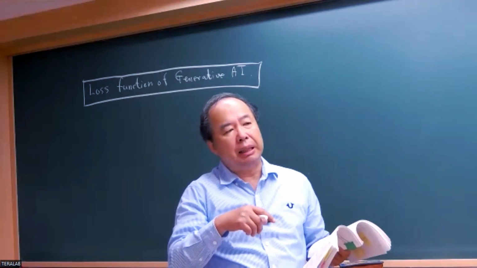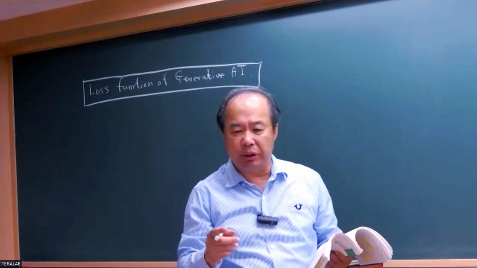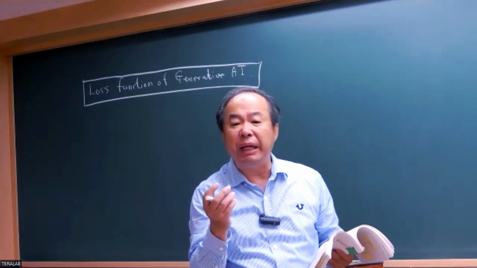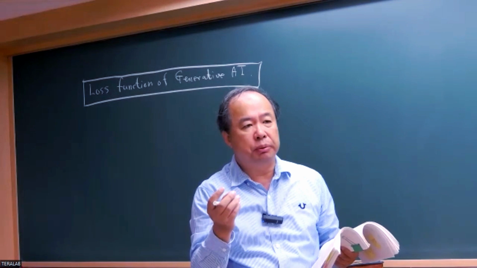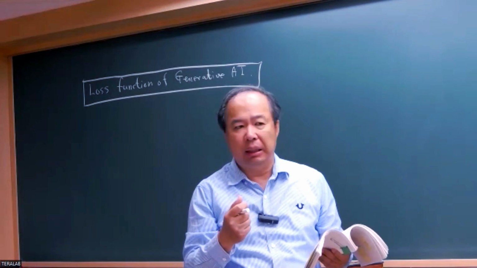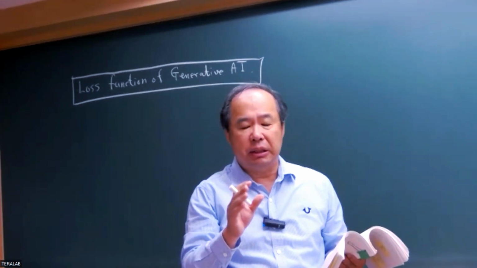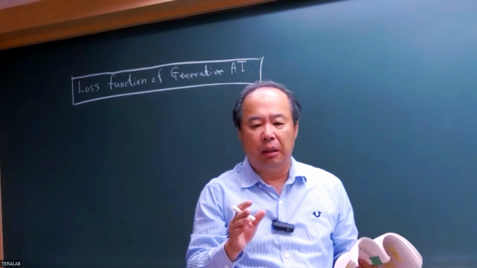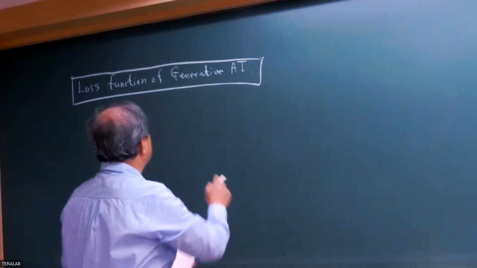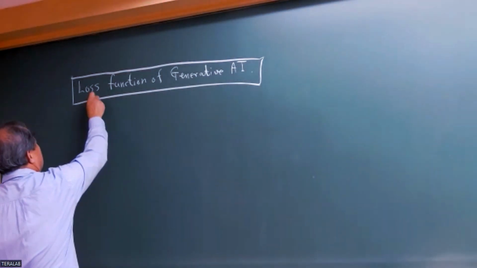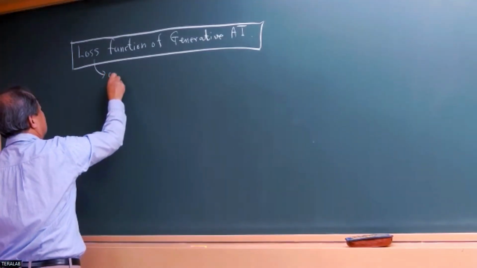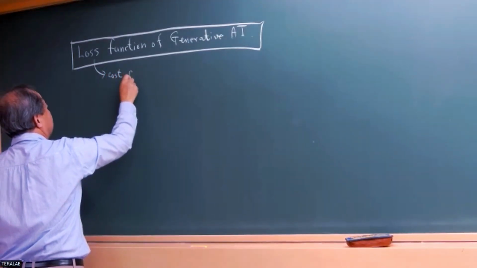But when we are executing the backpropagations, we have to measure the difference between output and real data. And that difference is represented by a loss function. Sometimes we are saying it as a cost function.